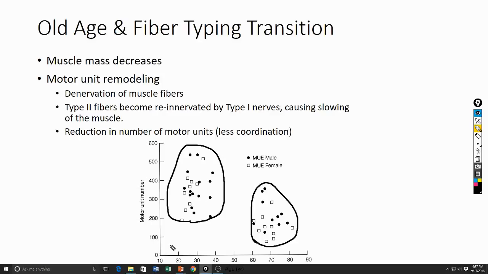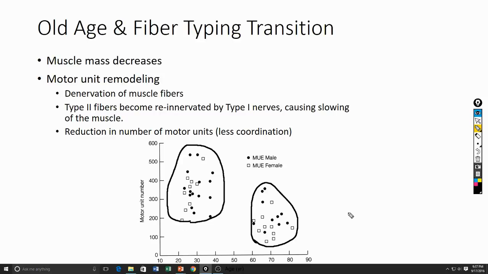People between age, say 20 and 40, have a number of motor units somewhere around here, whereas those between 60 and 80 are down here. So you're having less motor neurons, but also the motor neurons that you have are more likely to be type 1. So you see more slow type fibers coming in and a reduction in type 2 fibers.